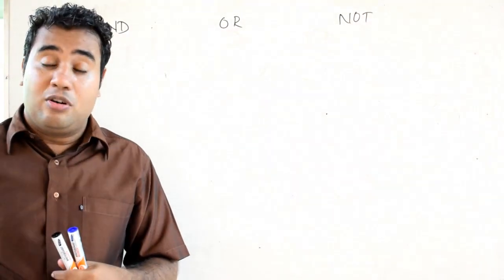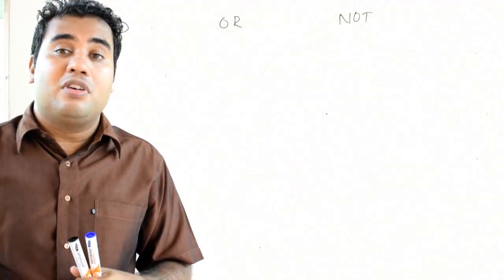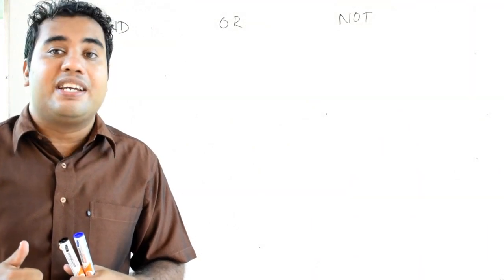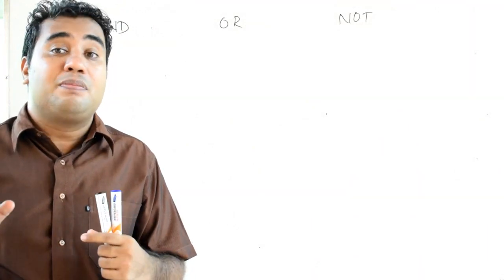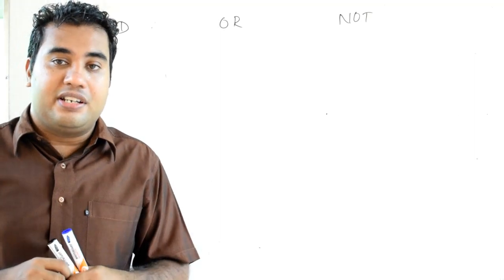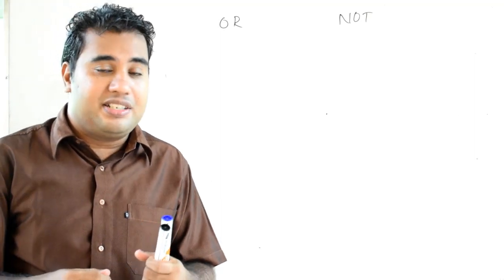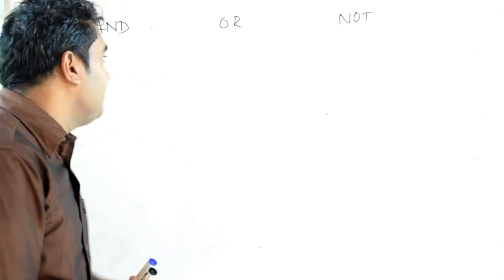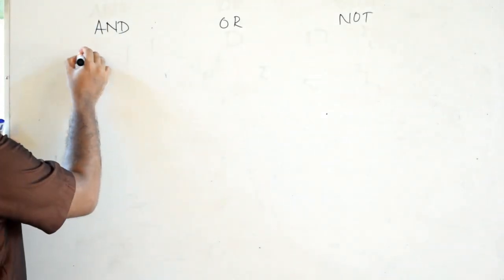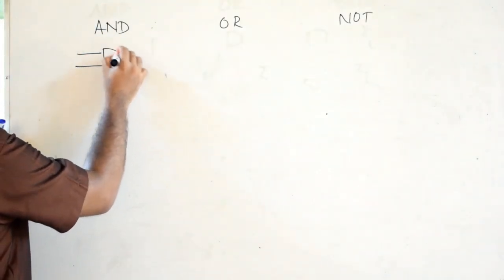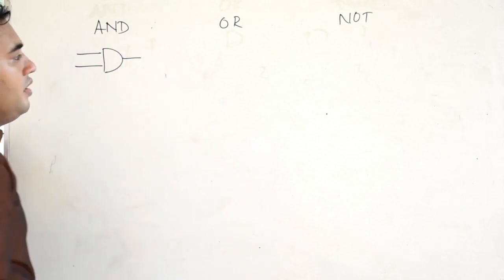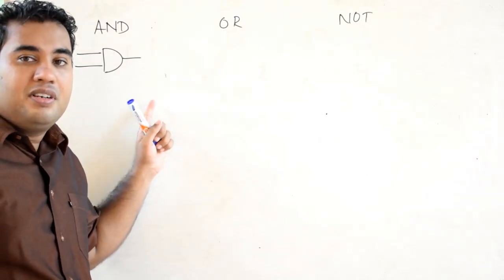As I previously told you, you should be able to identify each logic gate. So there's a particular symbol for each logic gate to identify it in a circuit. This is the symbol of the AND gate.